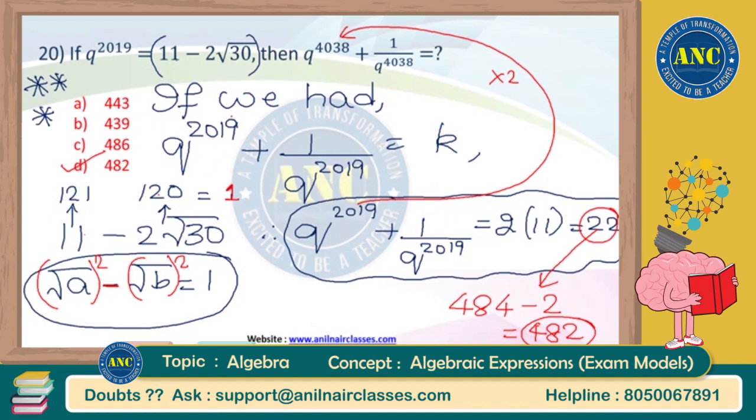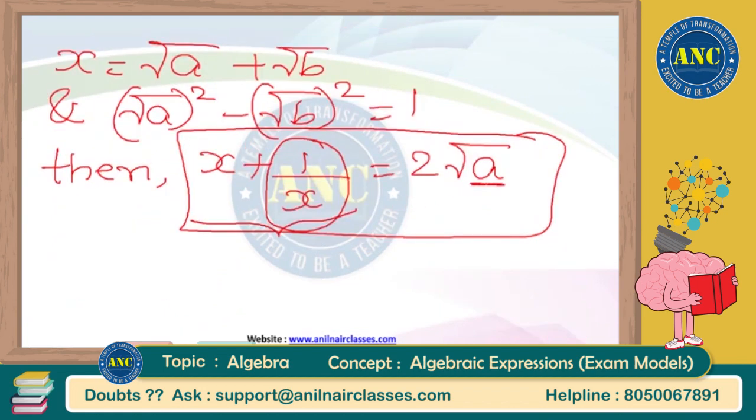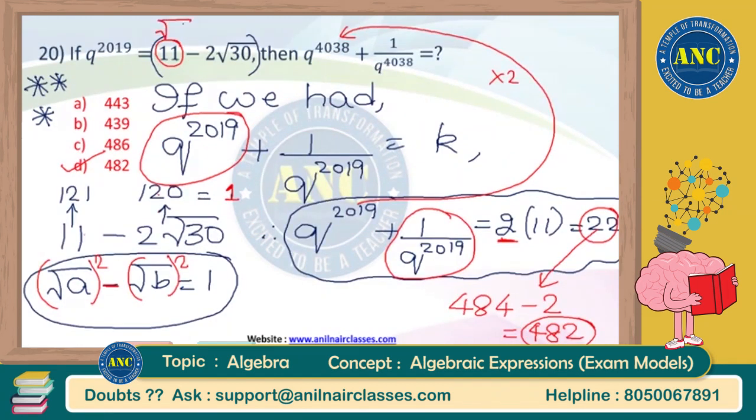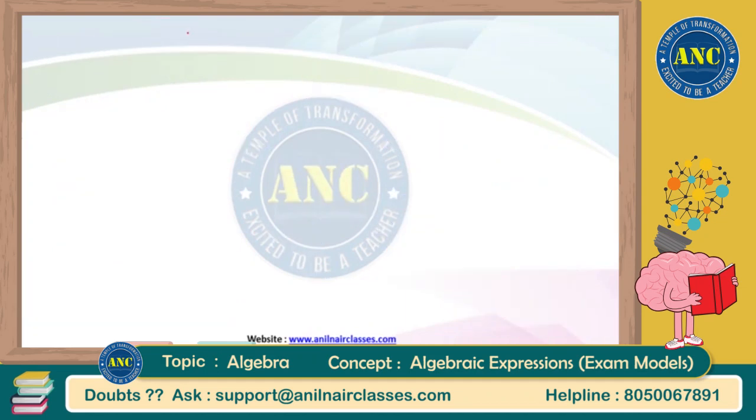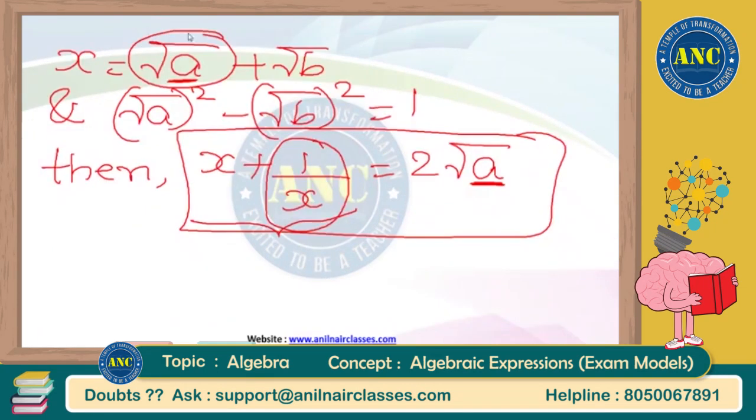So x plus 1 by x, in this case q power 2019 plus 1 by q power 2019, is nothing but 2 into the first term, 2 root a, which is the first term. Instead of 11 I can write root 121 here. I hope you are understanding, I hope this is not confusing you.